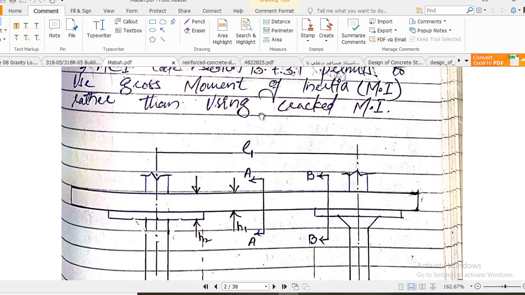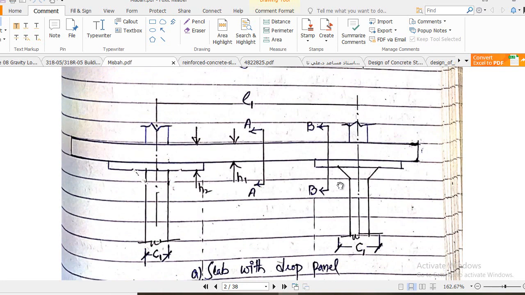So that's why the ACI code permits you to use the gross moment of inertia, meaning that you are allowed to calculate the total section, not just that section, which is incorrect. Clear? So this is the example you see here.